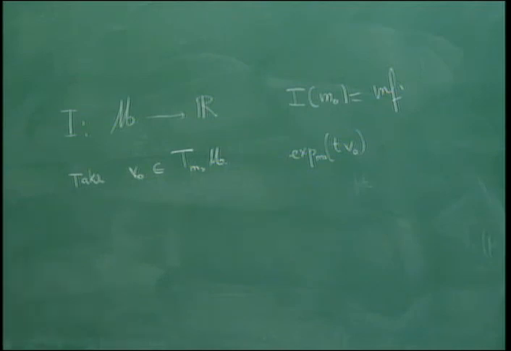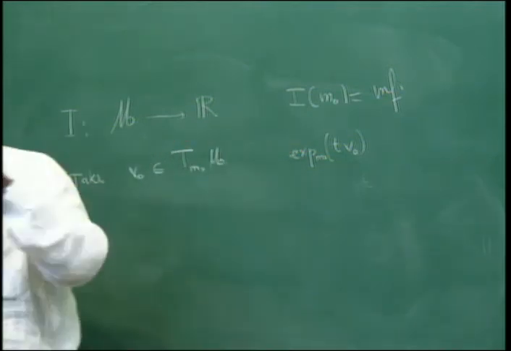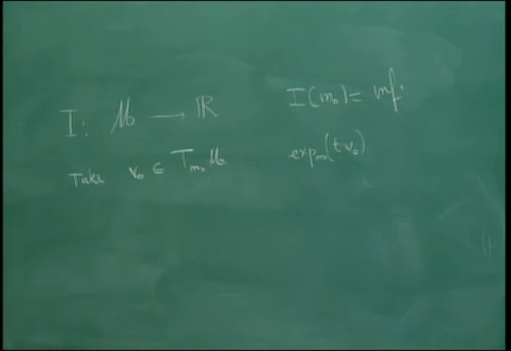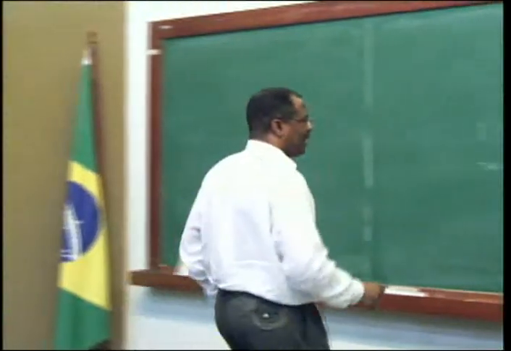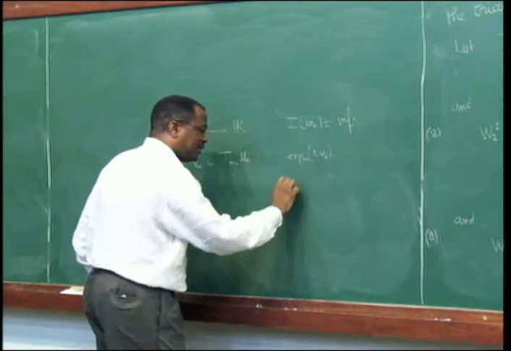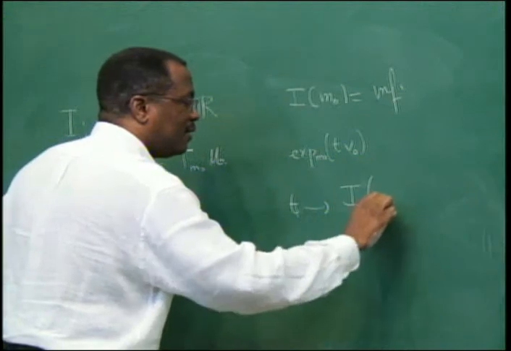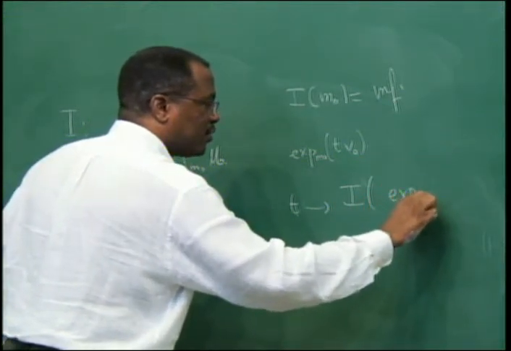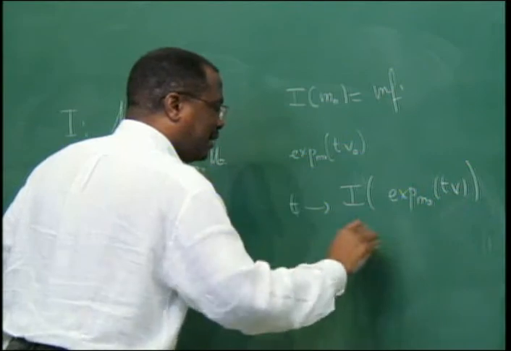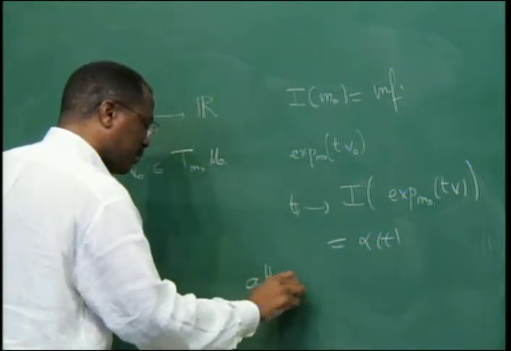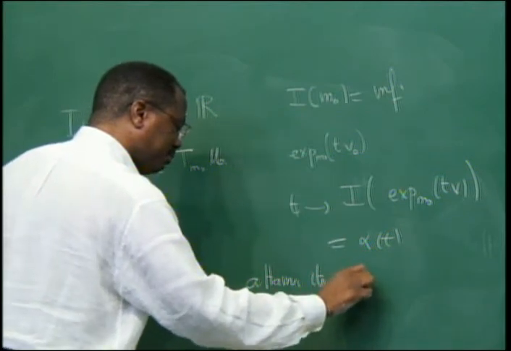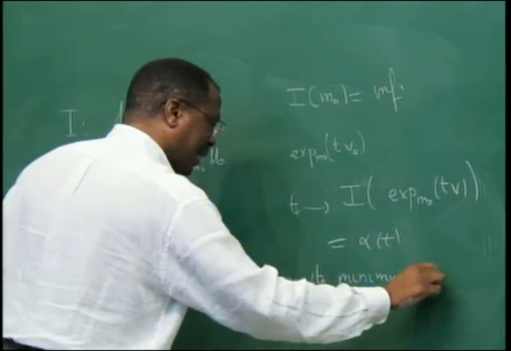So you take a tangent vector, you take the exponential map. So the exponential map is the geodesic passing through M naught and of direction V naught at time 0. And you write that T goes to I of exponential M naught T V. If I call this alpha of T, it's minimum at 0.